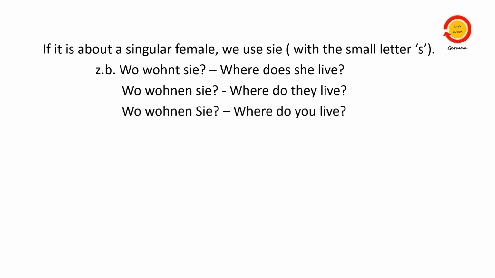Wo wohnen Sie? Where do you live? In formal way. Here, the verb wohnen, which means to live or to reside, has taken several forms based on the pronoun used.